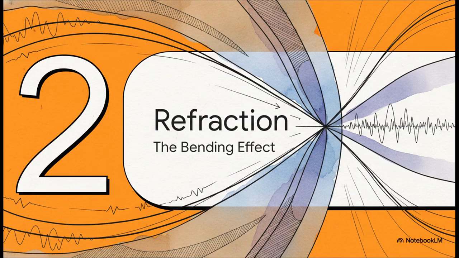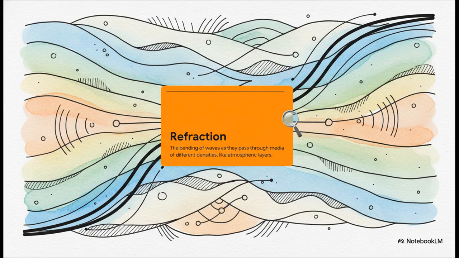All right, let's move on to number 2, refraction, or what I call the bending effect. Now, this is different from reflection. Reflection is a bounce off of something. Refraction is the bending of a wave as it passes through something that's changing. For us, the classic example is the atmosphere. You've got all these layers of air with different temperatures and humidity.